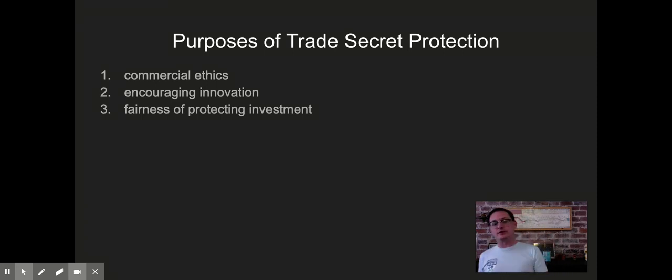So on one level, we could say, look, this is really about commercial ethics, right? It's about preventing unfair competition. It's about saying, look, Laird, you're in effect improperly obtaining information from an insider to Imokalee. We don't think people should engage in that kind of activity. And we're going to use trade secret law to tell you that you can't and shouldn't be able to engage in that kind of clandestine activity.